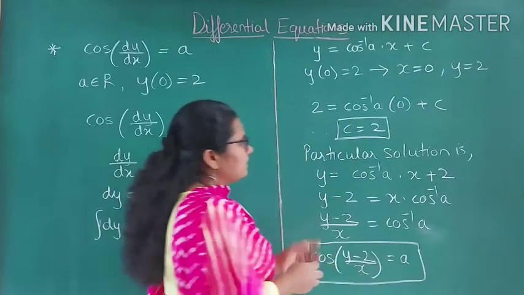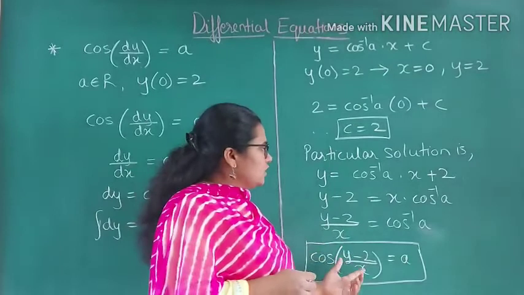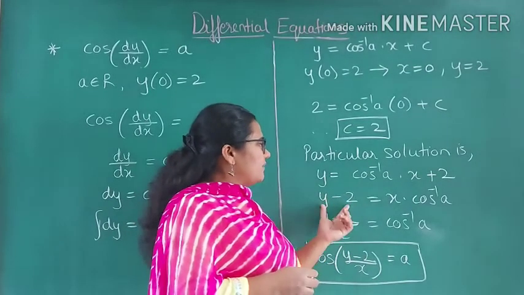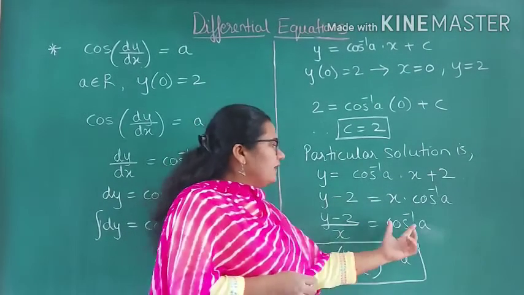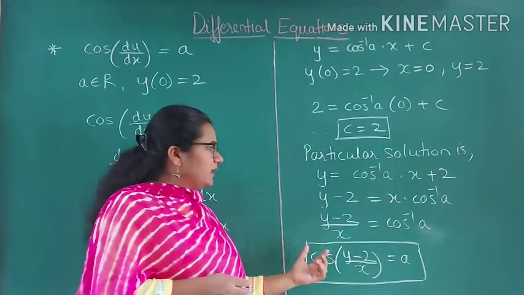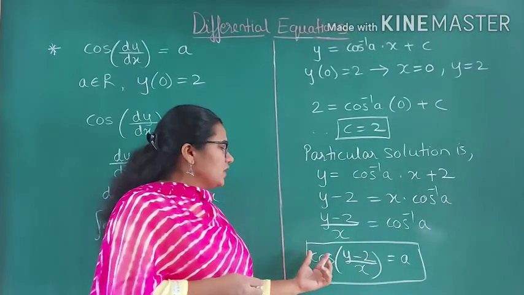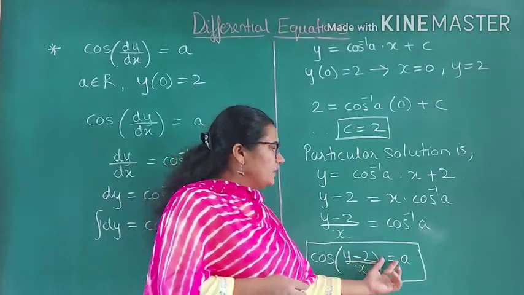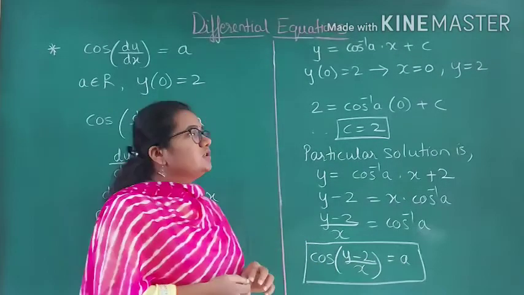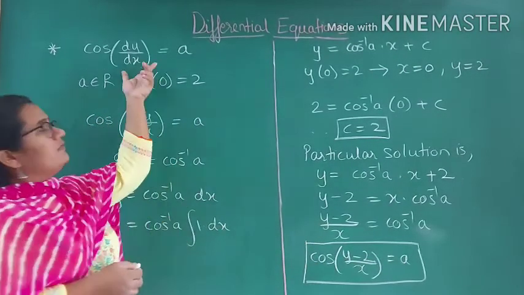Yes, so this is the simplified version of this particular solution. Just take 2 this side, y minus 2, x gets divided. When you take cos again on LHS, cos inverse will become cos. So cos of y minus 2 upon x is equal to a. So this is your particular solution for given differential equation.